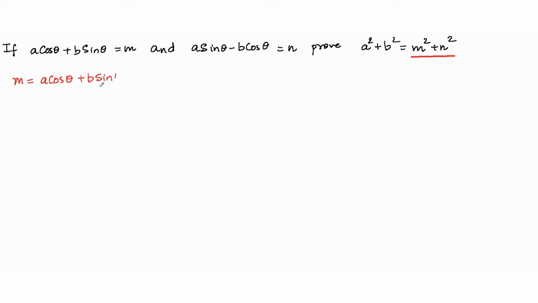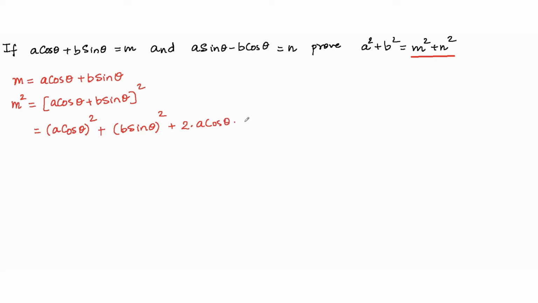So let's square both sides. So M square is therefore equal to A cos theta plus B sin theta the whole square. And I know the formula for A plus B the whole square. It is A square, so it will be A cos theta the whole square plus B sin theta the whole square plus 2 times A cos theta times B sin theta.